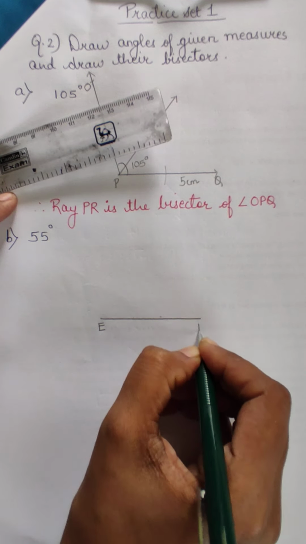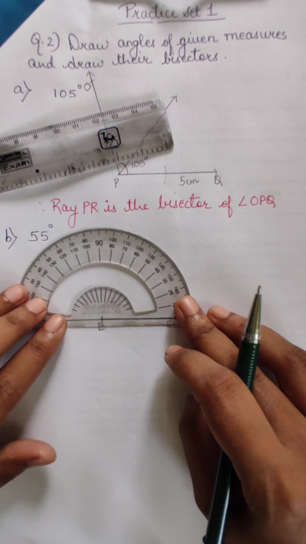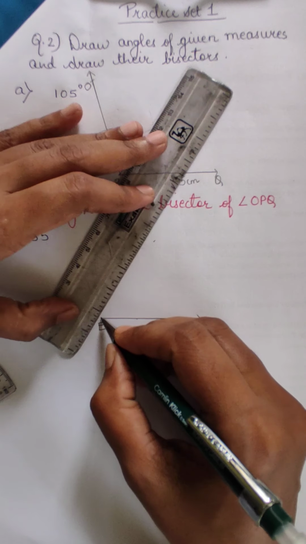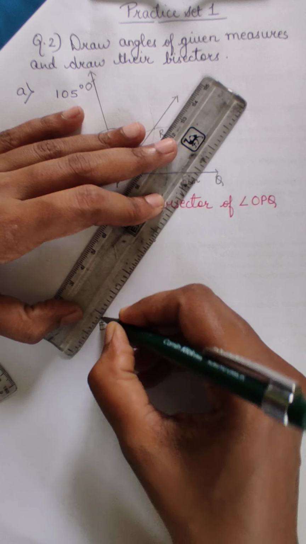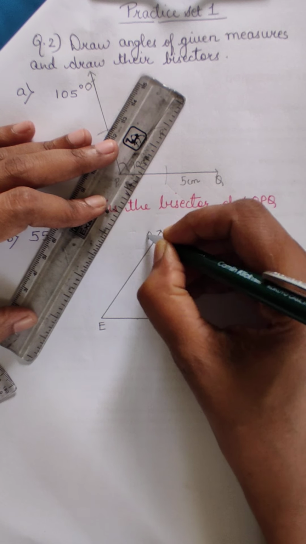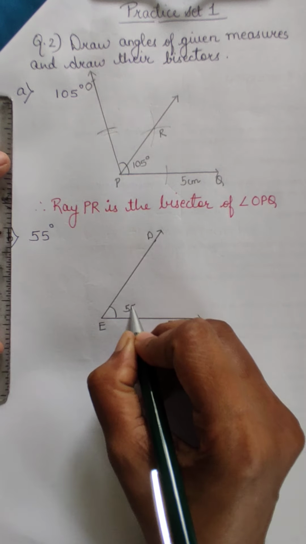So I have drawn ray EF. Now I have to measure 55 degree. So 55 is less than 90, means acute angle. So 50 is here, 55 is here. So I will draw the second ray from E. So this is my ray DE, and my angle DEF of 55 degree is ready.